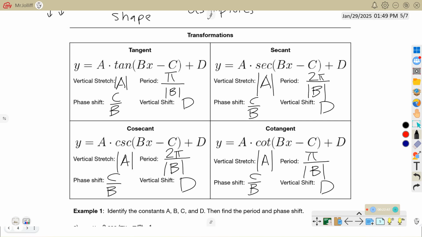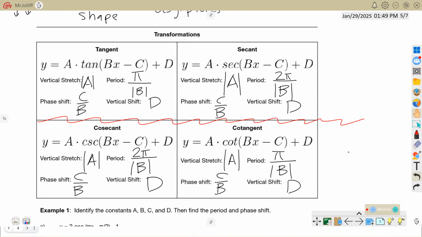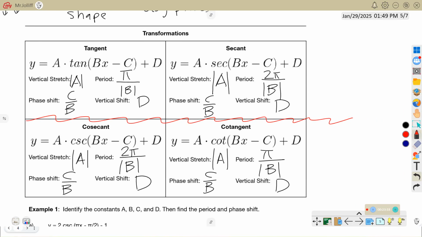So we're going to cut these in half because this table is separated. Tangent and secant have the same formula for their asymptote. Cosecant and cotangent have the same formula for their asymptote. So tangent and secant are buddies here. Cotangent, cosecant, the two co's are buddies here. So I'm going to scoot this over a little bit. And this is for asymptotes.